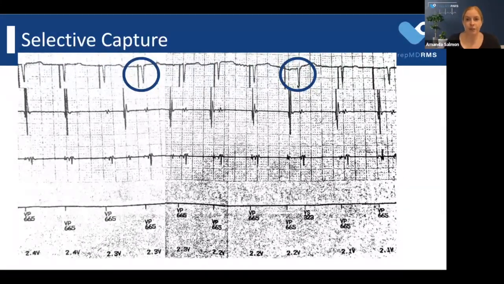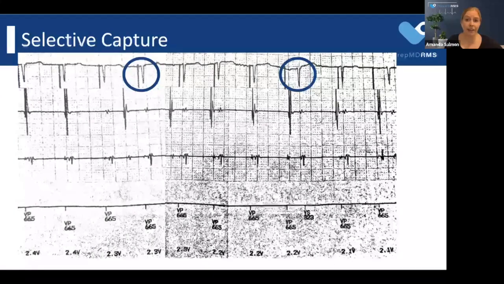So again, you need to be able to confirm what the patient's intrinsic looks like to compare it to your pacing morphology to determine what type of capture you have. So this is selective capture, or pure His capture, because we can confirm that this morphology of their intrinsic is the exact same as when we're pacing.